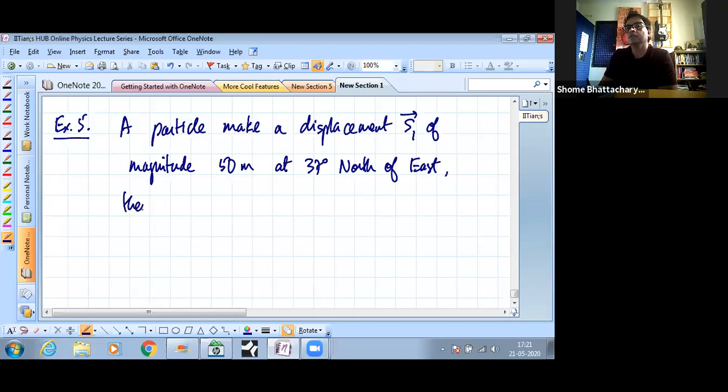Then S2 of magnitude, say 10 meters towards south, towards west.